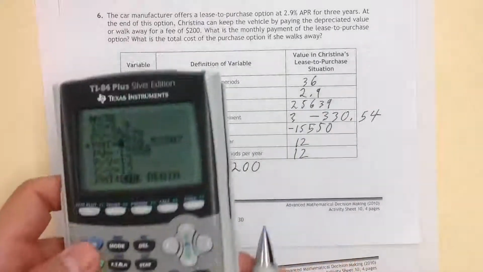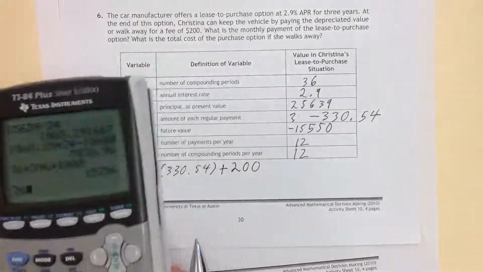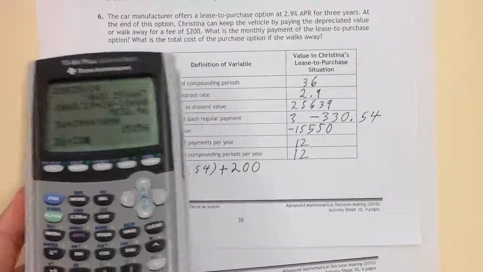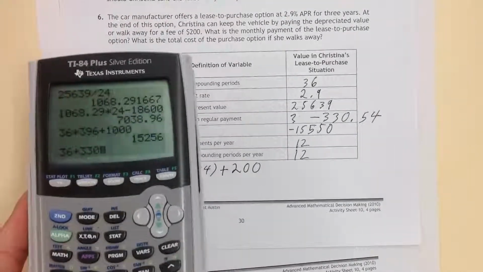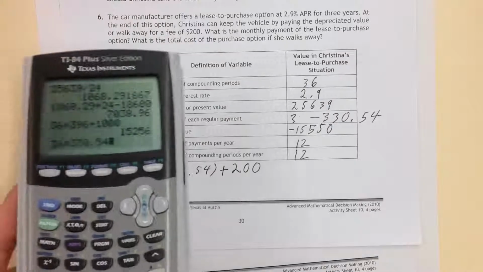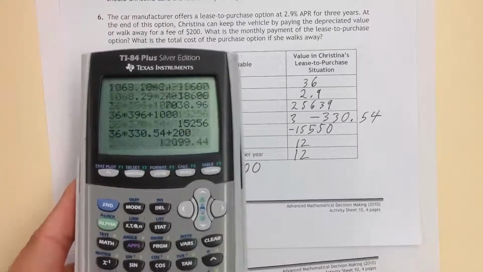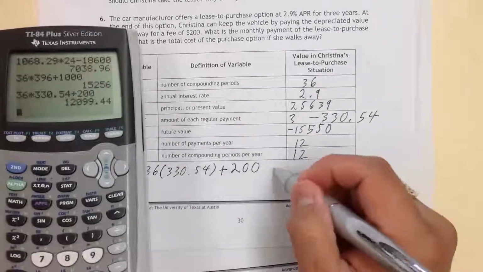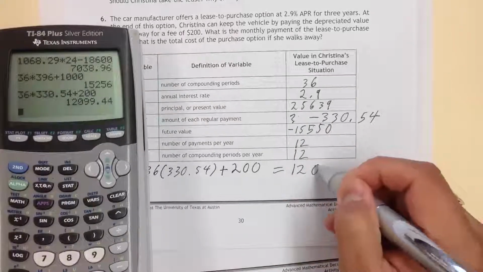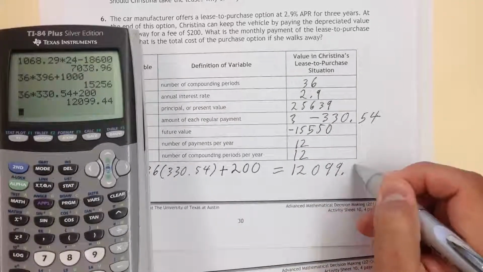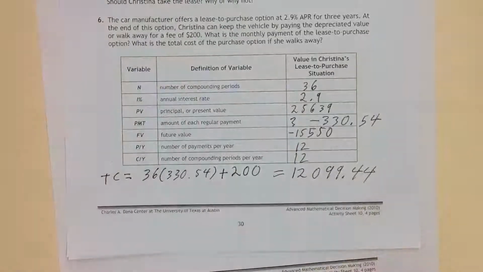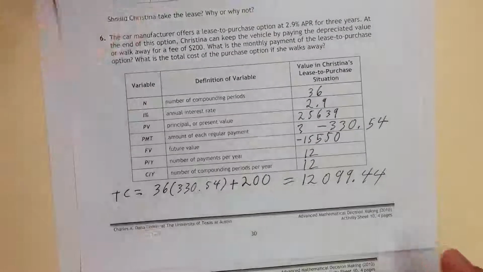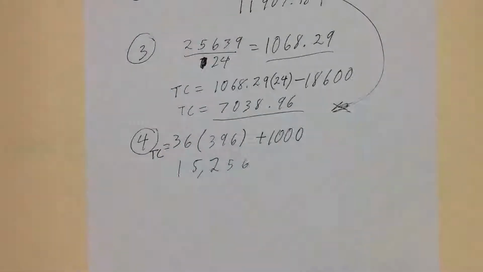So we have, let's get out of this, 36 times 330.54 plus an extra $200, and so that gives me a total cost of $12,099.44. So we have several different things here. We're going to be taking a look at what's best. So we have several different options that we need to look at.